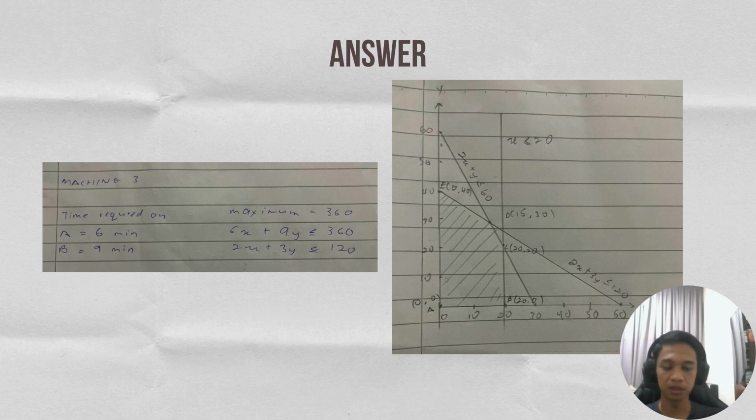The first coordinate is A, 0, 0. Coordinate B, 20, 0. Coordinate C, 20, 20. Coordinate D, 15, 30. And lastly, coordinate E, 0, 40. Okay, so that is for the graph.